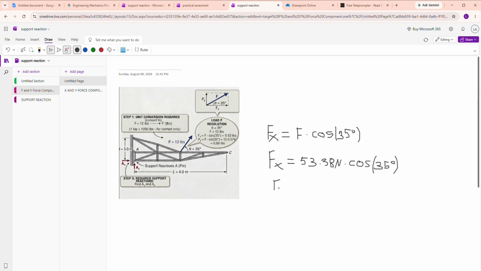The answer for that is 53.38 Newton times the cosine of 35 degrees is 47.73 Newton. This means the load pushes 47.73 horizontally to the right.